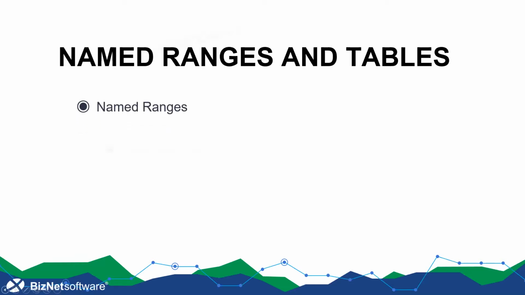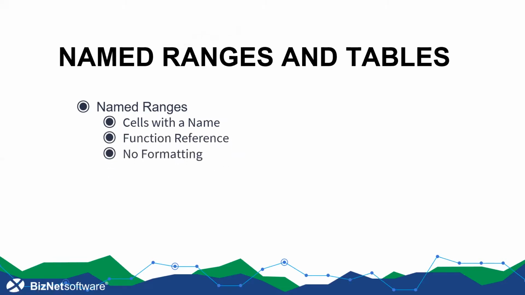I'm specifically talking about named ranges and tables because they mention those on that data connection tab. And so what named ranges are, it's a range of cells that you assign a name to. It's like a group that you say, okay, this is region data, this is state data, and things such as that. But that's kind of as far as it goes.